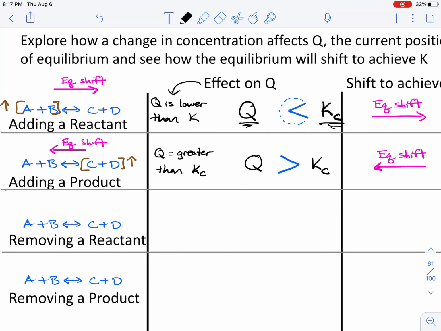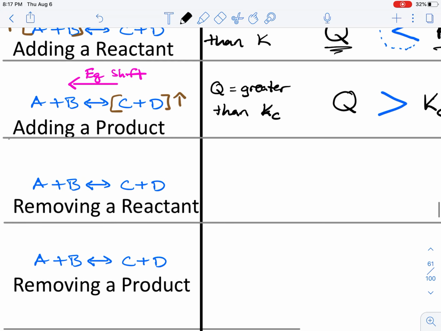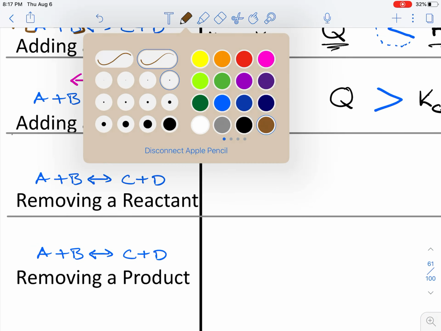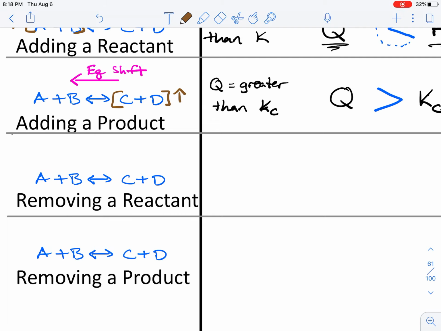All right, and so let's go ahead and look at the next two examples, and I'll just go ahead and speed up just a little bit. And so we're going to remove a reactant. It doesn't really matter what reactant we're going to remove. So all I'm going to do is bracket both of them, and I'm going to lower the concentration. And so if I lower the concentration of the reactants, Le Chatelier's principle tells me that to replenish the reactants that were lost, the equilibrium is going to shift towards the left.